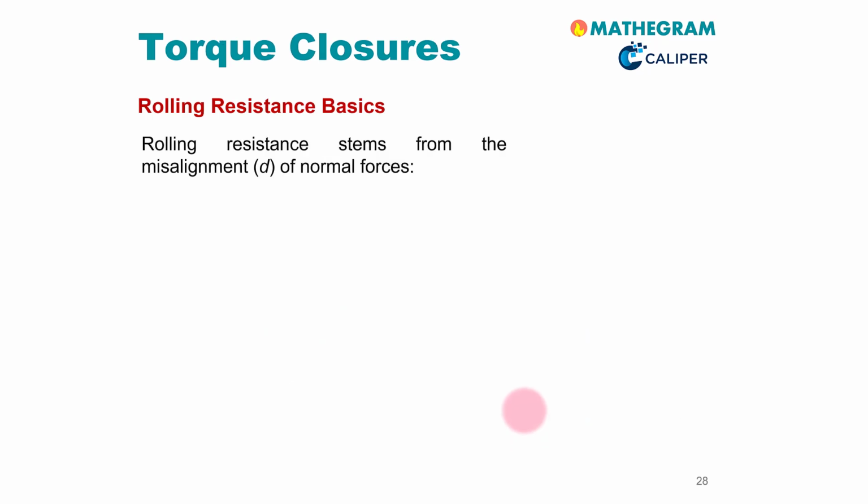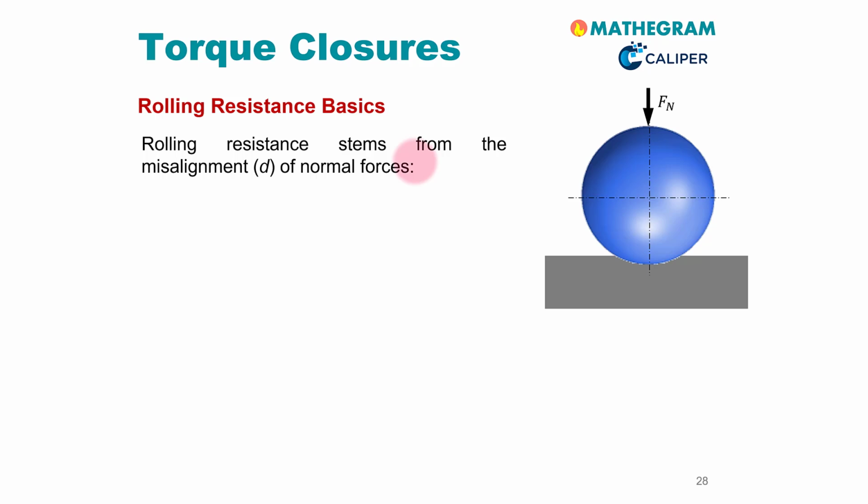Let us now look into the basics of the rolling resistance. The rolling resistance originates from a misalignment of normal forces. If we consider here a sphere that we load under a normal force Fn, and we're trying to move the sphere to the right, then we're going to see that the normal force distribution at the contact is shifted a little bit to the right.